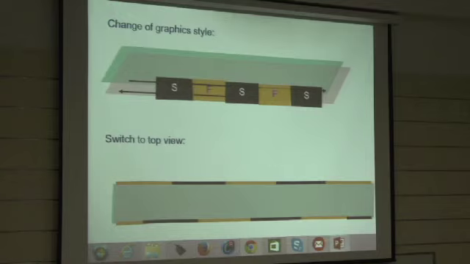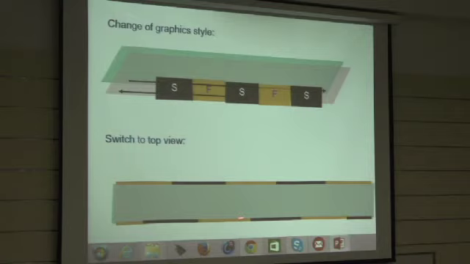So for that, I have to introduce a change in my graphics. I got tired of doing this. So from now on, I'll do my drawings in a top view. So you see these are the 2 layers, and here are the gapping. This is, what was it?